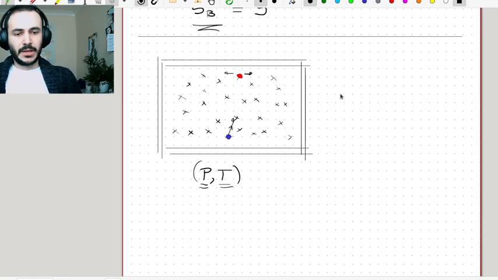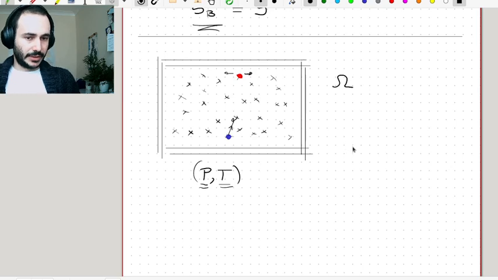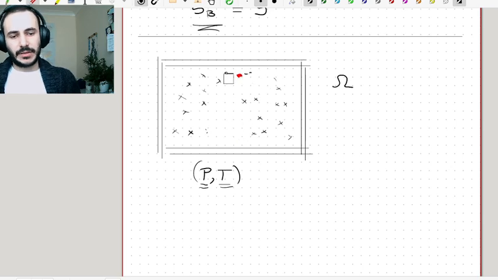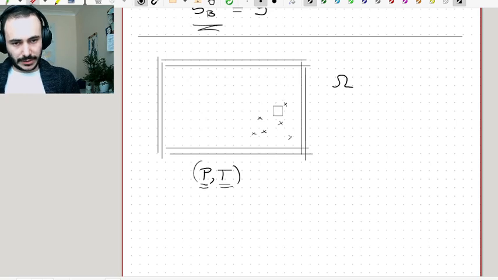So in a way, if I have a homogeneous system, like this one that I'm drawing, I expect to have an extremely large number of compatible microstates. And so the statistical weight of a homogeneous state like this should be very large, at least much larger than an inhomogeneous configuration like the one that I'm going to draw now.